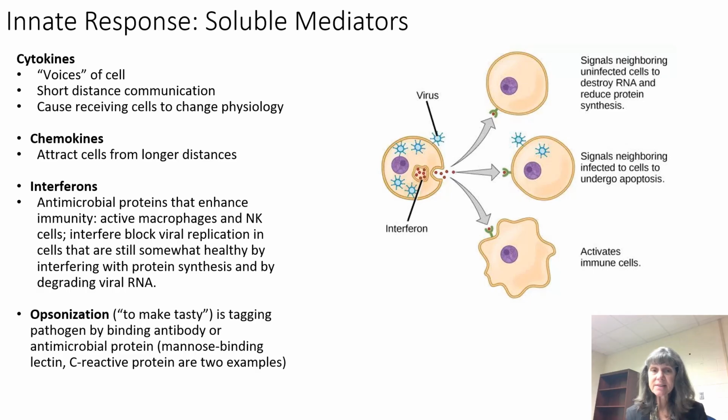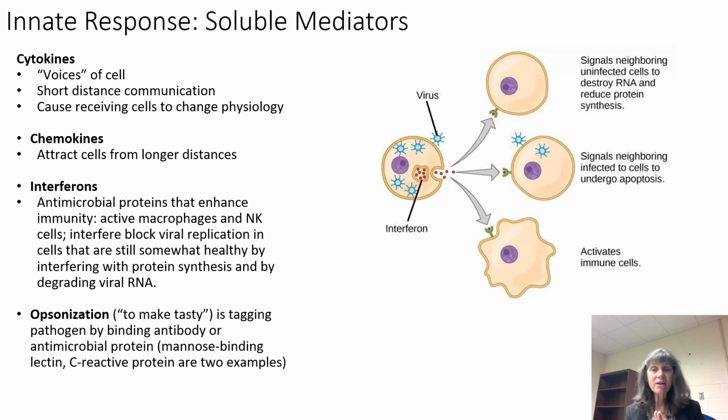Next, we're going to discuss soluble mediators, and understand that a mediator in terms of physiology is simply a chemical that is going to be involved in the process of a response. And these are soluble mediators, so we know that they are soluble in body fluids. We have blood, we have lymphatic fluid, we have interstitial fluid.